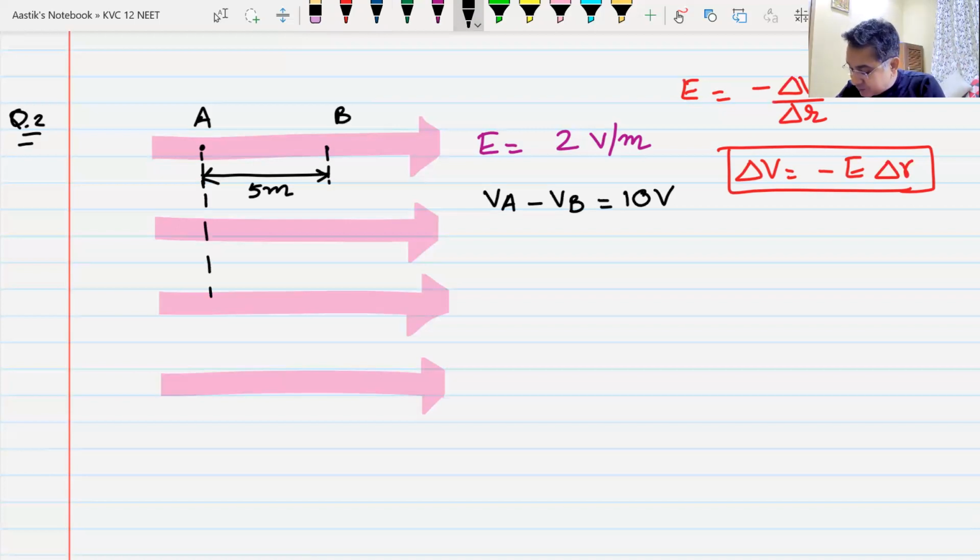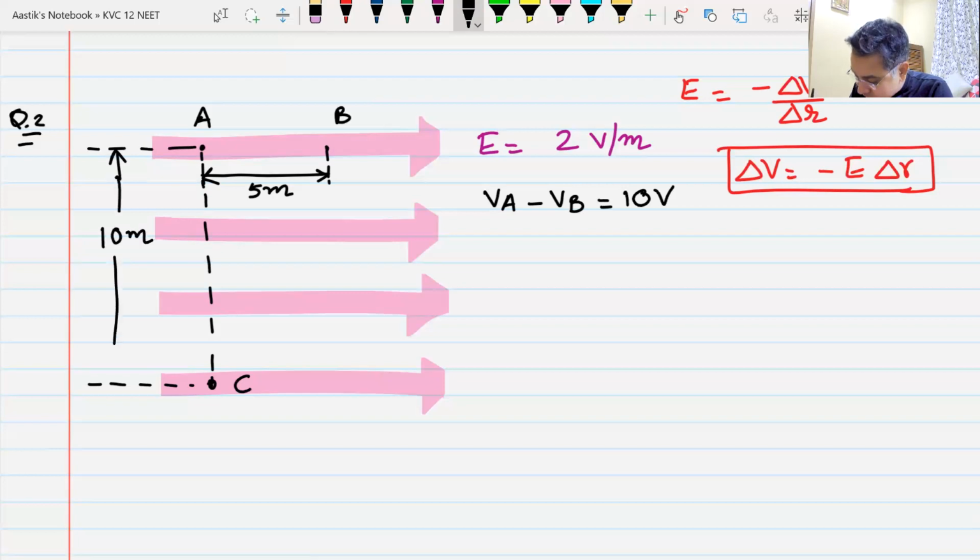Okay, I have a point C here. The distance between this point A and this point C is 10 meters. Can you now tell me the potential difference between A and C?